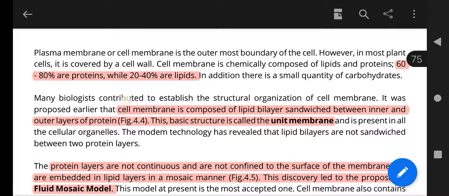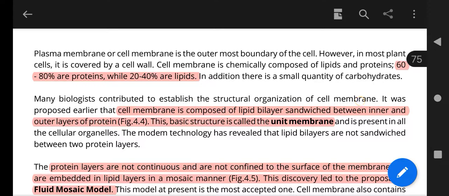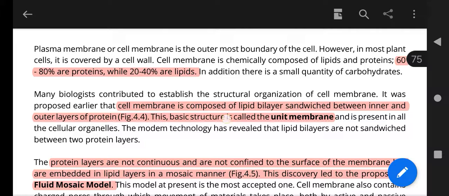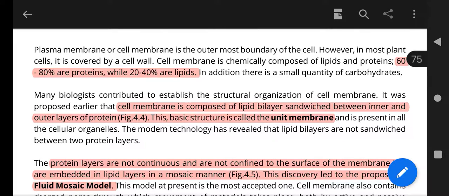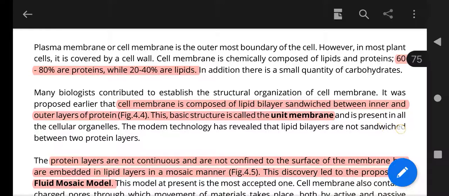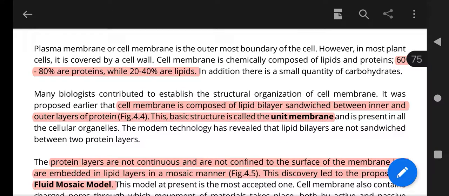Many biologists contributed to establish the structural organization of the cell membrane. It was proposed earlier that the cell membrane is composed of a lipid bilayer sandwiched between inner and outer layers of protein. This basic structure is called the unit membrane and is present in all the cellular organelles. Modern technology has revealed that the lipid bilayer is not sandwiched between two protein membranes.